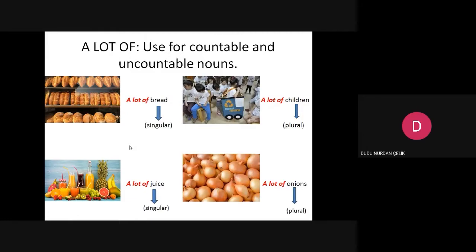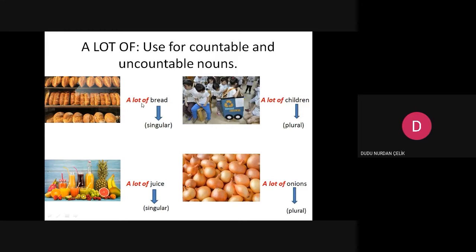A lot of means much or many. Not just 1, 2, 3, 4, 5, 6, but a lot of, many. For example, a lot of bread. Bread is uncountable.